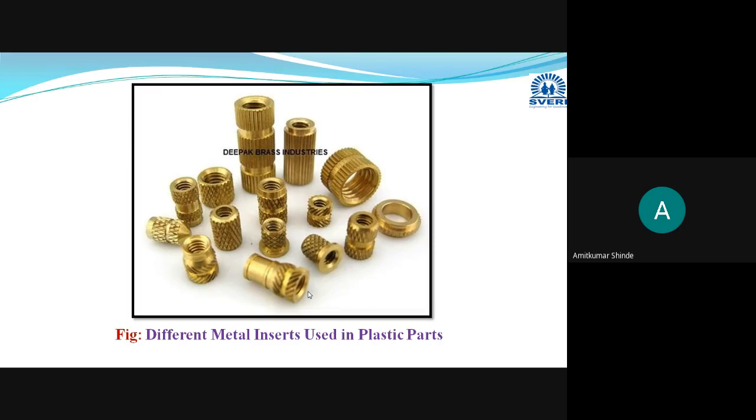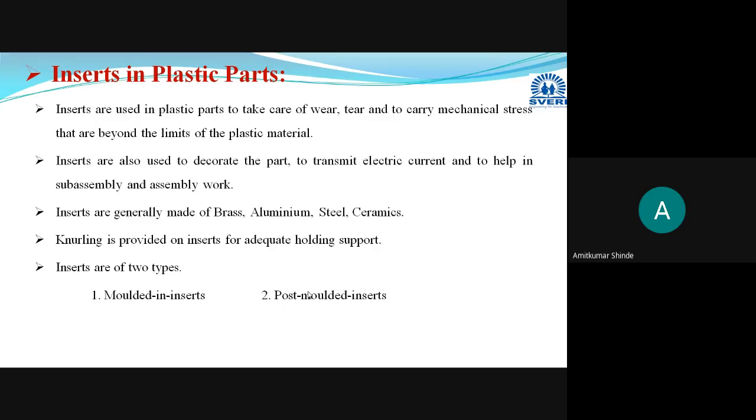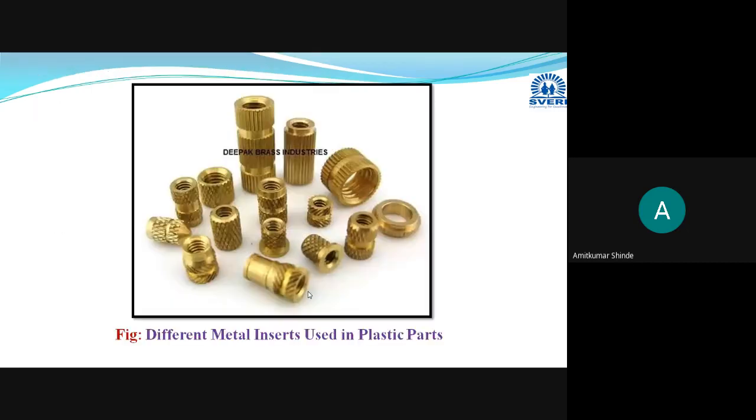Generally we use brass material, then you can go for aluminum, steel, or ceramics also. Generally, brass metal inserts are used in plastic parts.